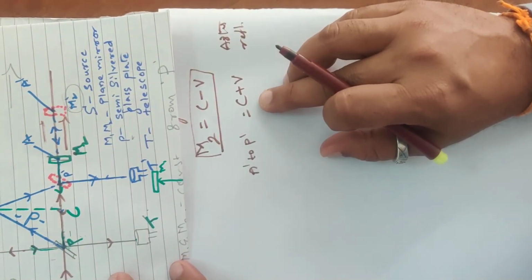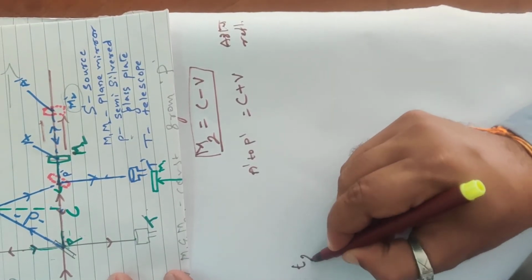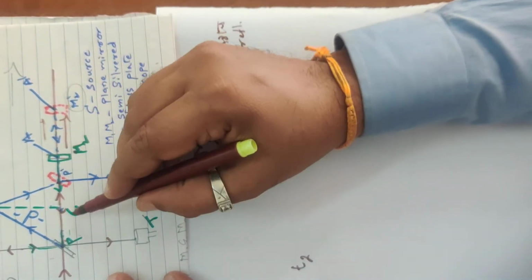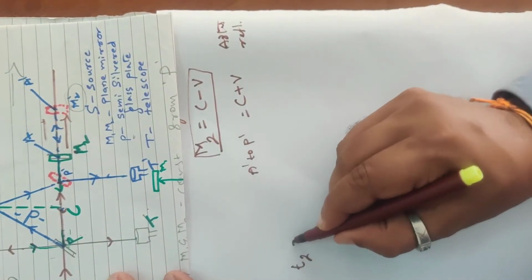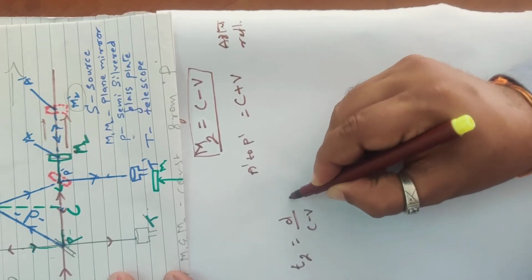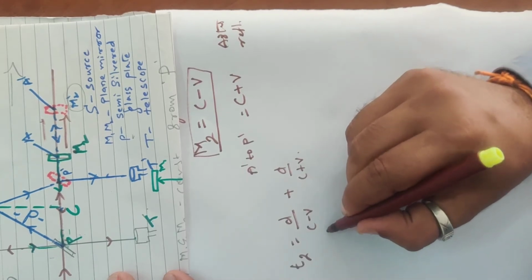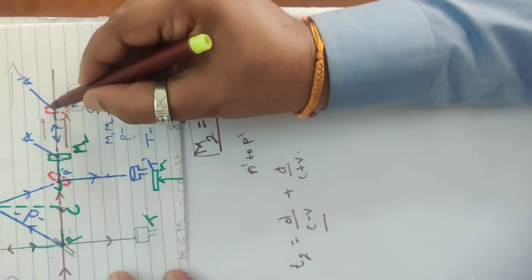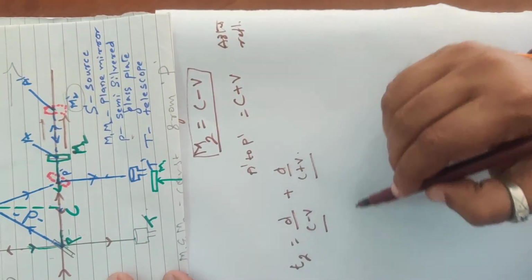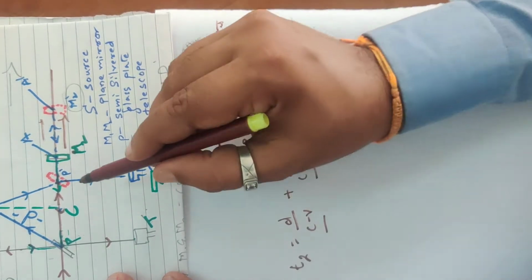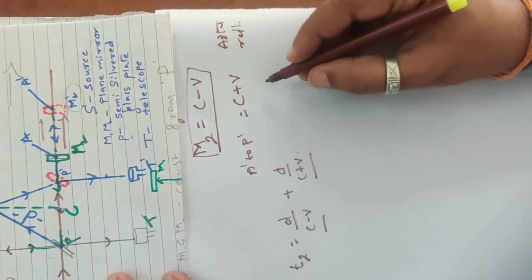Now if t2 is the time taken to come back and hit the mirror P dash, that can be written as t2 equal to d upon c minus v plus d upon c plus v. This is the total time taken to travel a ray of light from the point P dash to A dash and back.